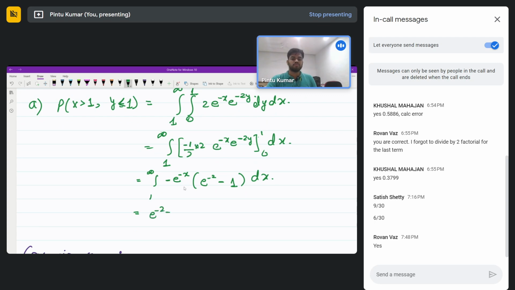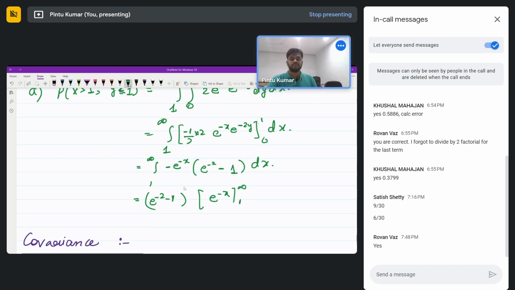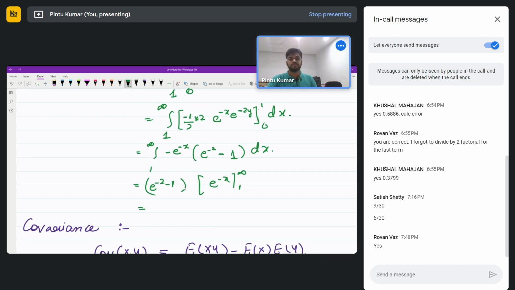So this is e to the power minus 2 minus 1, and for this we will have one more minus over here. So this would be e to the power minus x from 1 to infinity. That is your 1 minus e to the power minus 2. I think this should be the correct answer. And there is one more factor, e to the power minus 1 also, right?